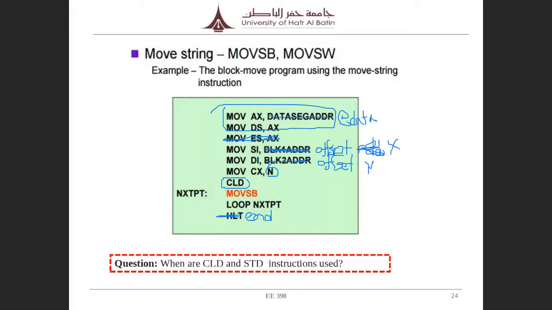Look here, why do we actually use the CLD? CLD clears the direction flag. If the direction flag is clear, then data moves from a lower memory location to a higher memory location. Okay, look here. This is, for example, our memory block, and part of the data segment is here.